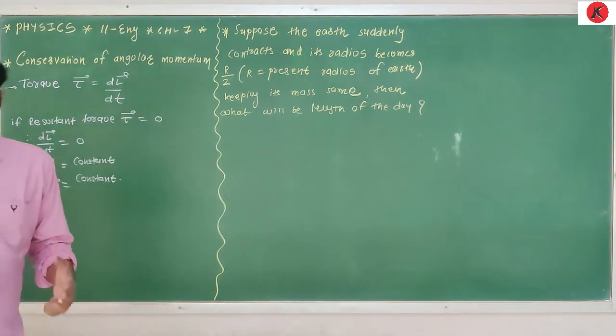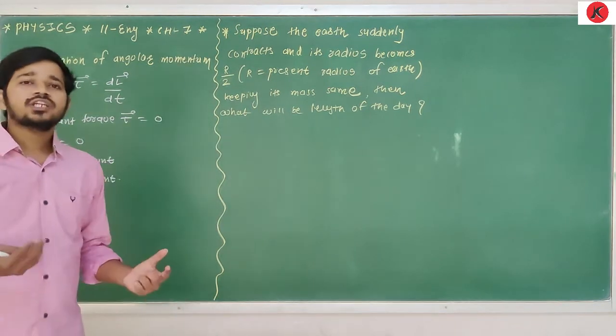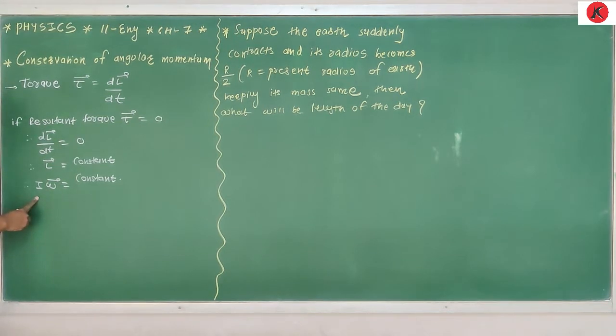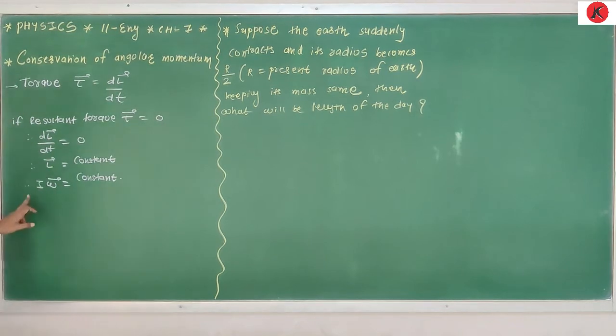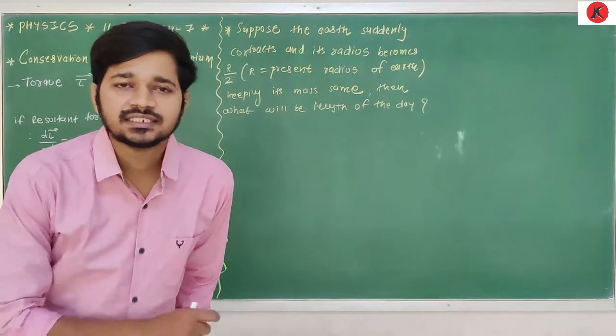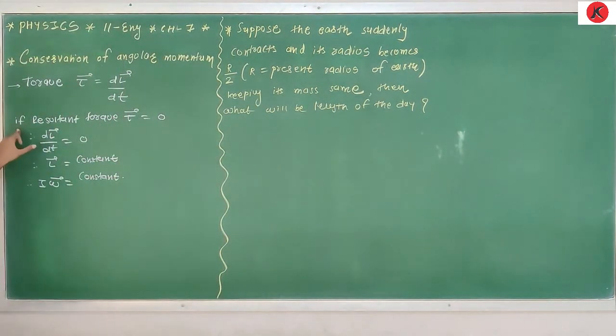So if you are given any situation where one body is rotating such that there is a change in its moment of inertia, I omega remains constant. It means if there is a change in moment of inertia, there is also a change in angular speed, such that their product remains the same, when the torque acting on it is 0.